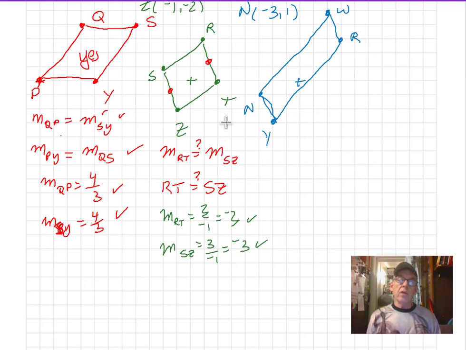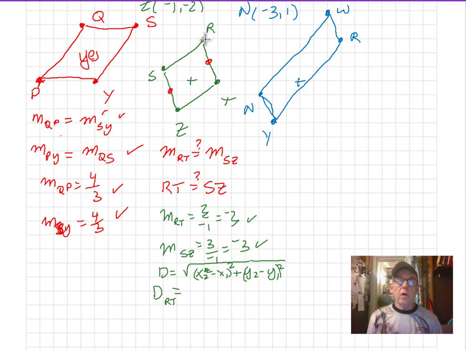Now, are they the same length? To find the length, we need to use the distance formula. The distance is the square root of the difference of the x's squared plus the difference of the y's squared. So x2 minus x1 squared plus y2 minus y1 squared, and you take the square root of that. That's the distance formula. So we're doing distance RT.